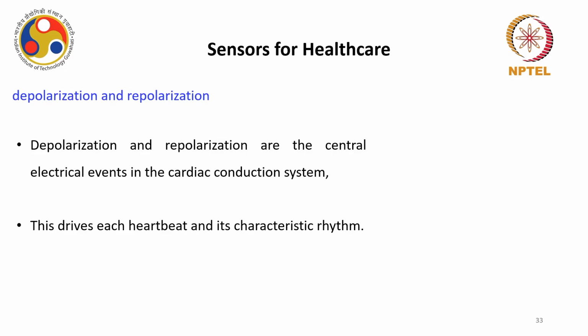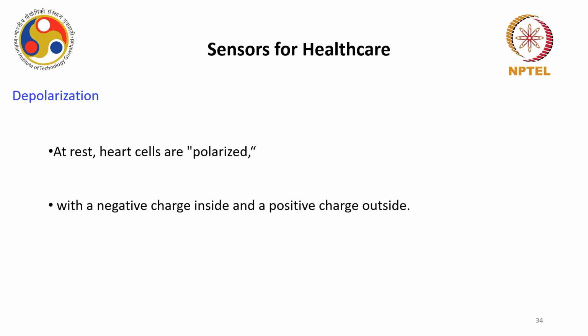So, depolarization and repolarization are basically the central electric events in the cardiac conduction system. This drives each heartbeat into a certain characteristic rhythm. Depolarization has to be understood based on certain charges.